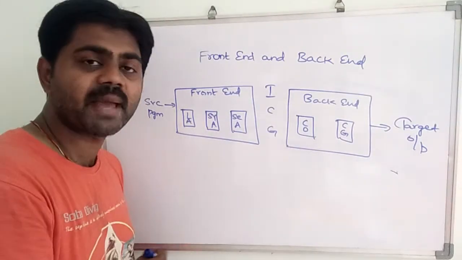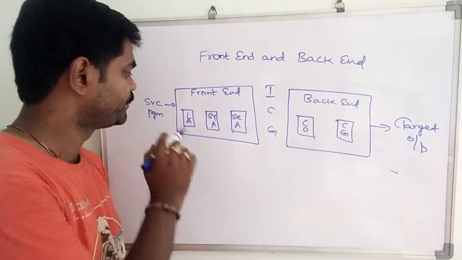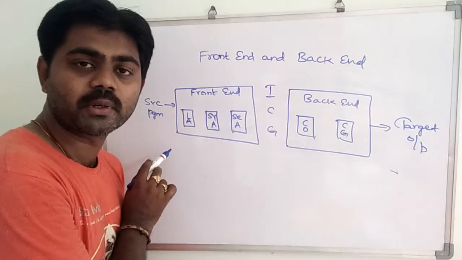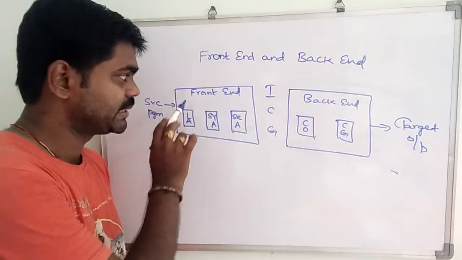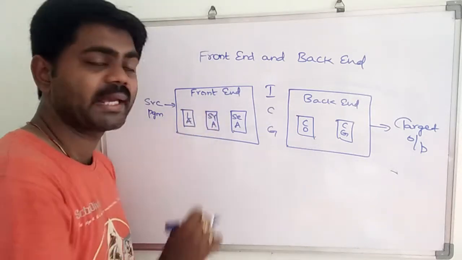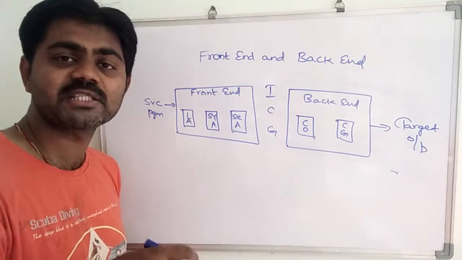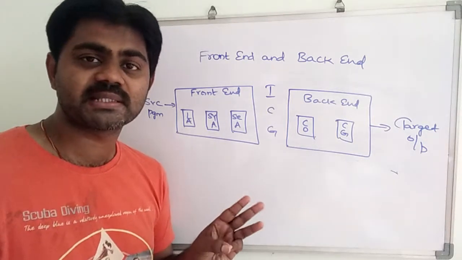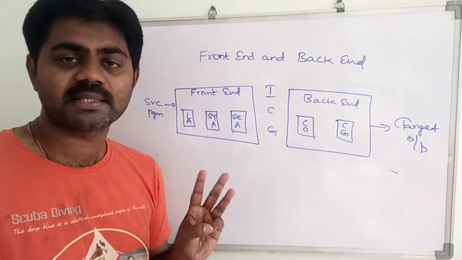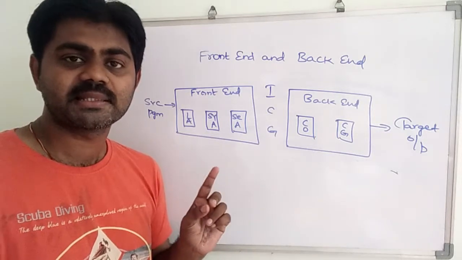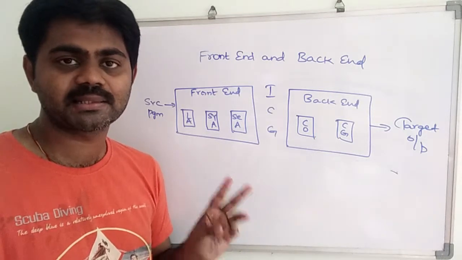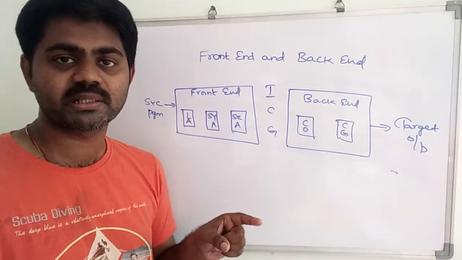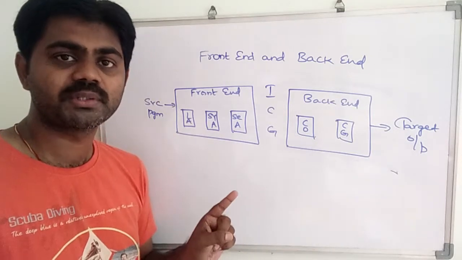So if you see the front end and back end of a compiler, we start with the source program, and in the front end of a compiler, we have 3 phases which we call the analysis phase. So as you know, a compiler is divided into analysis phase and synthesis phase, right? The analysis phase contains lexical analysis, syntax analysis, semantic analysis, whereas the synthesis phase contains intermediate code generation, code optimization, and code generation.